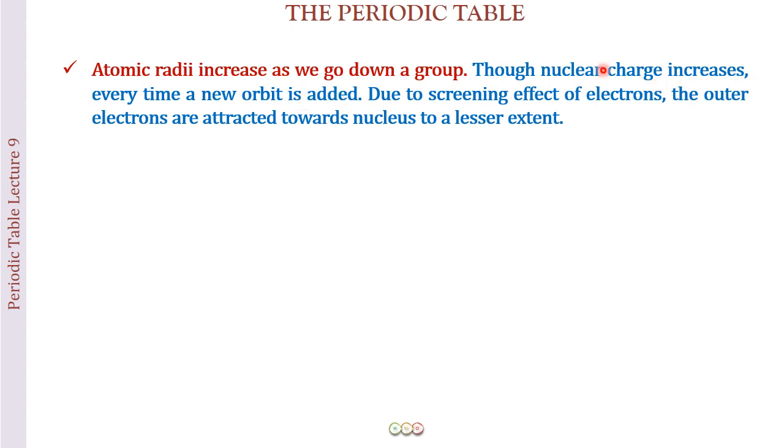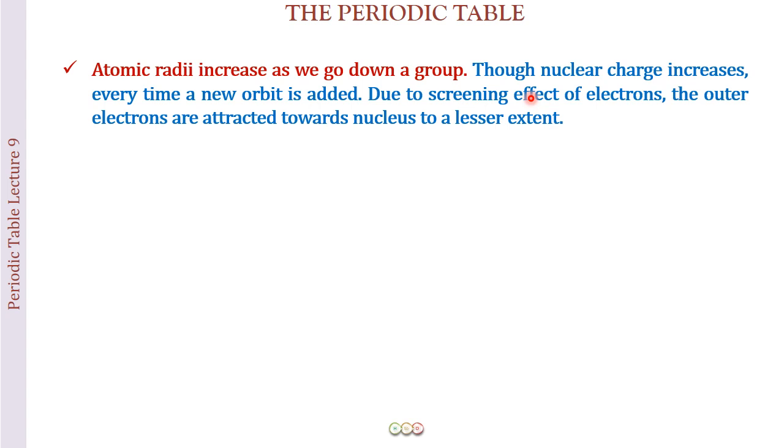What about the nuclear charge? Obviously the atomic number is also increasing down the group, so the nuclear charge is increasing, and this is going to contribute to a decrease in atomic size. What about the screening effect? Because a new orbit is added every time with a new member, the number of inner shell electrons is increasing.